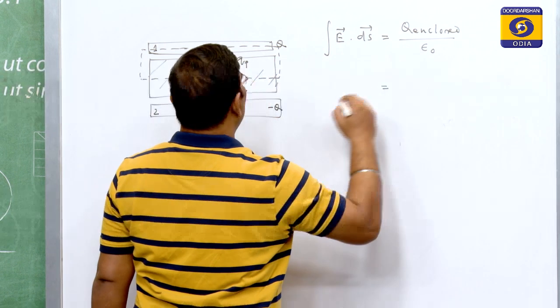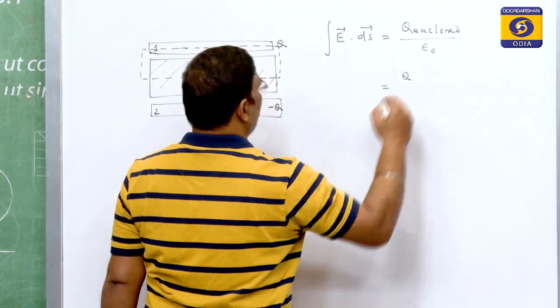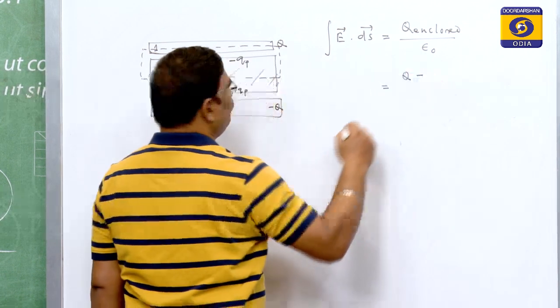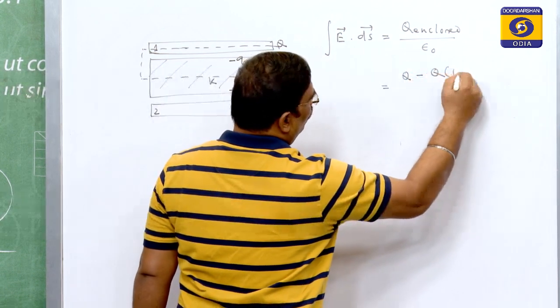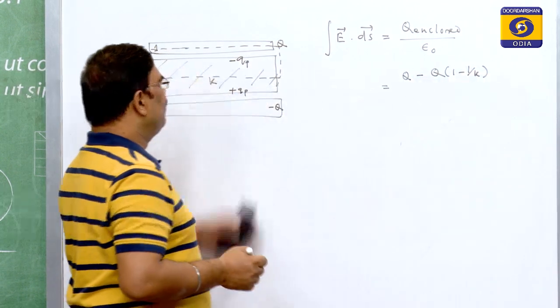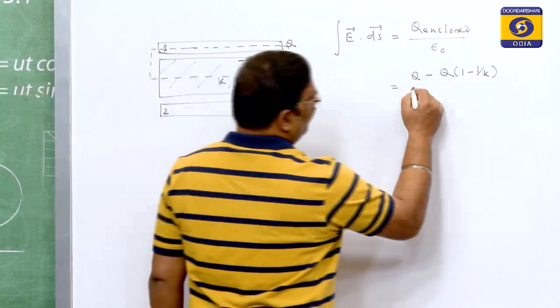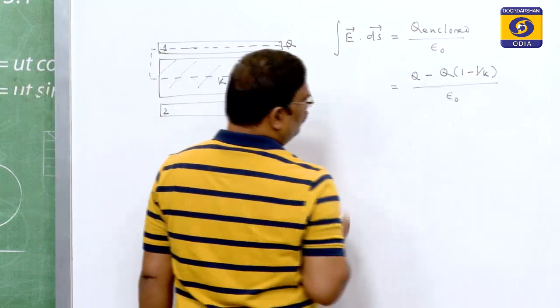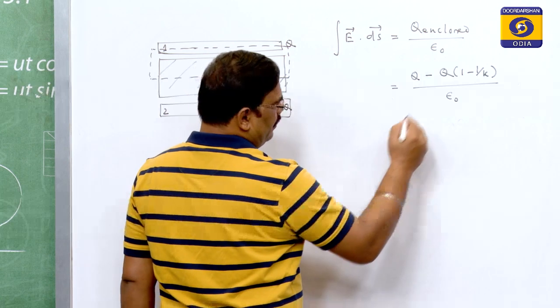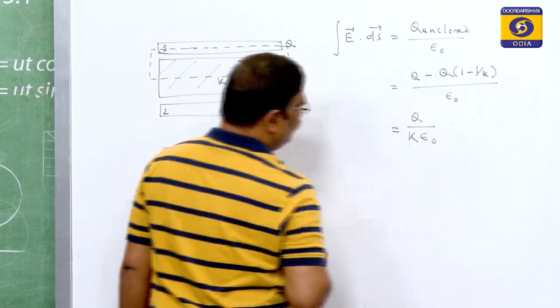So, the Q enclosed is Q minus Q into 1 minus 1 by k, because previously we have calculated the value of QP. QP is Q into 1 minus 1 by k. So, here we get it is Q divided by k epsilon 0.